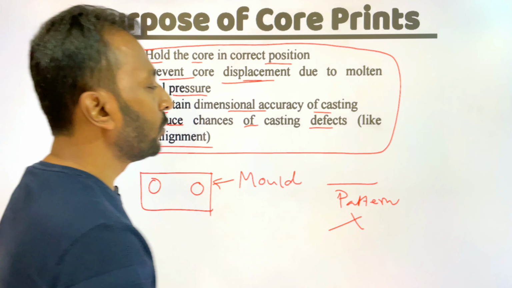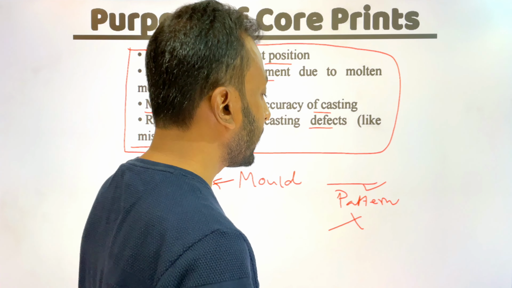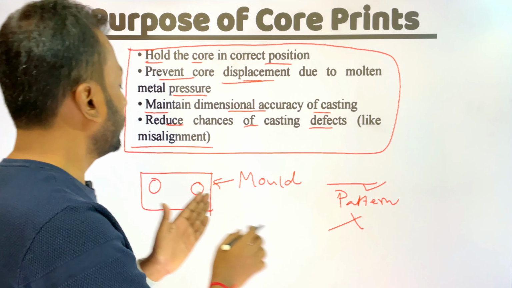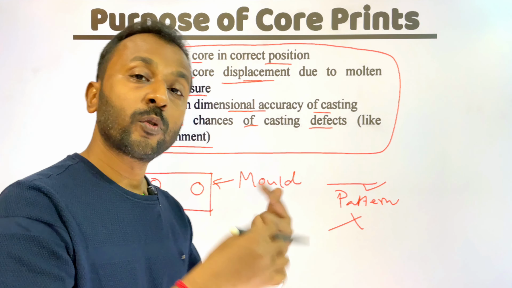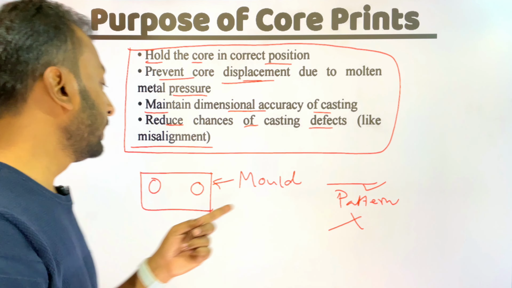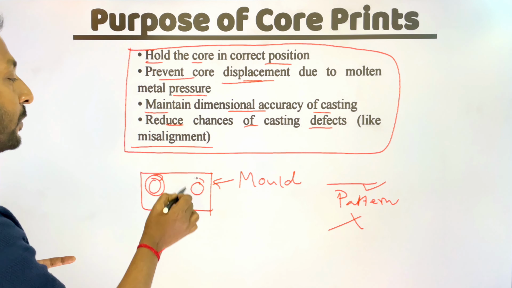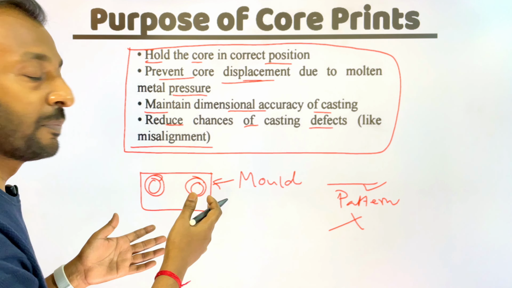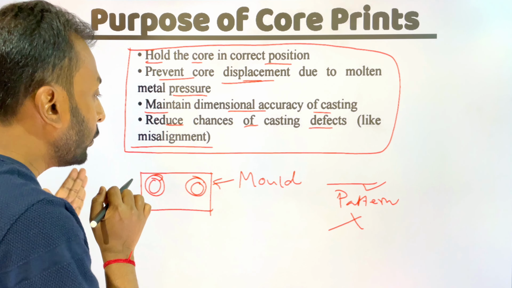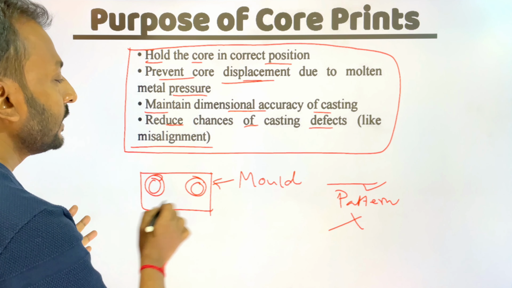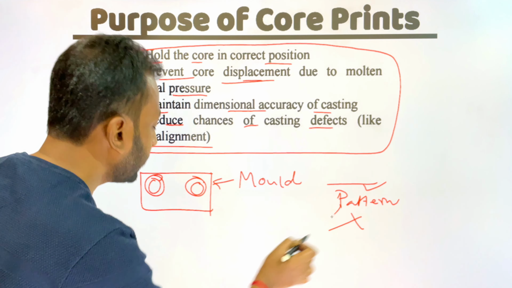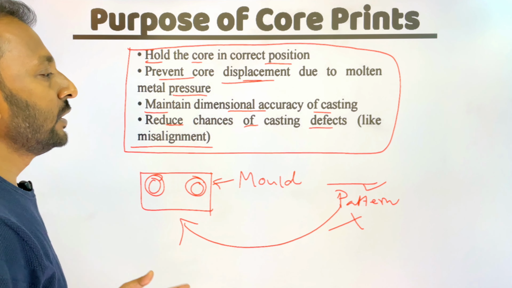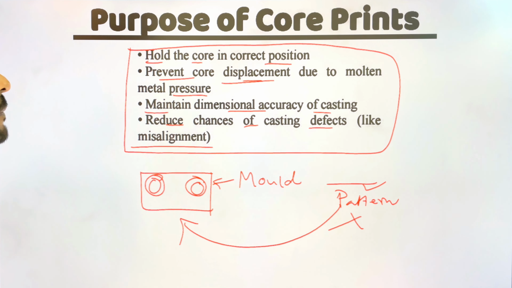But when we provide core prints to the pattern and that pattern is placed on the mold, the core prints on the pattern create core prints on the mold itself. Then we don't have to provide the core prints separately on the mold, because the pattern is creating the core prints on the mold. So this is the main point.